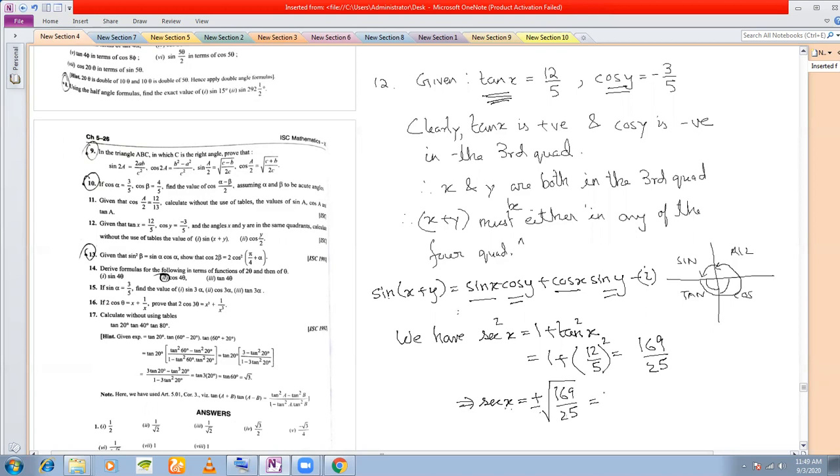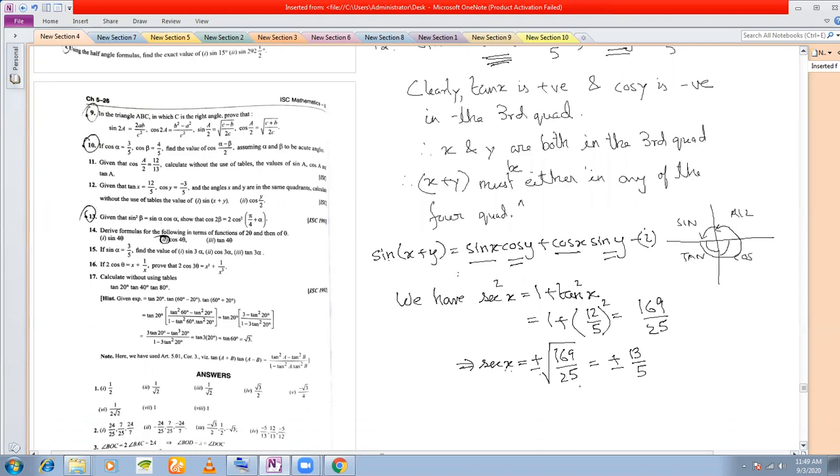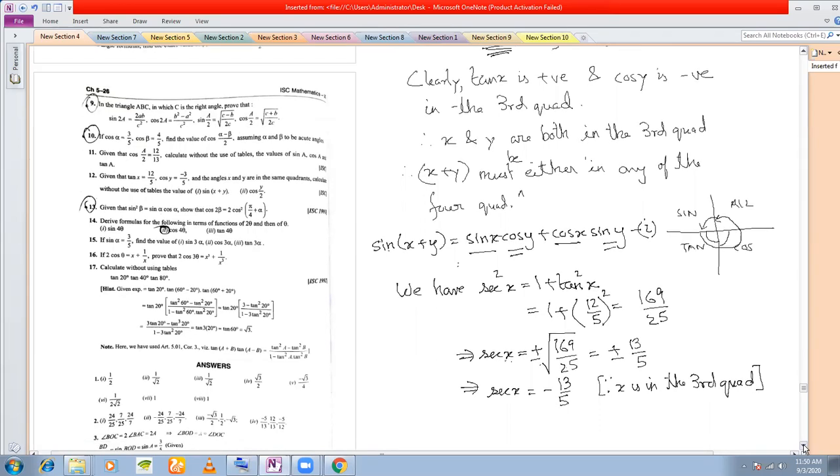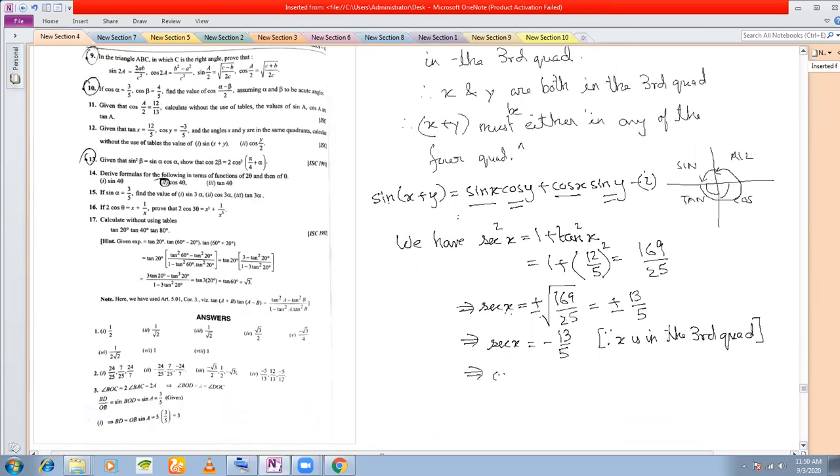Now the question here is which sign to take, the positive sign or the negative sign? Now we look at the quadrant. x is in the third quadrant where cos is negative. That means sec x has to be minus 13 by 5, since x is in the third quadrant. Therefore cos x is minus 5 by 13.